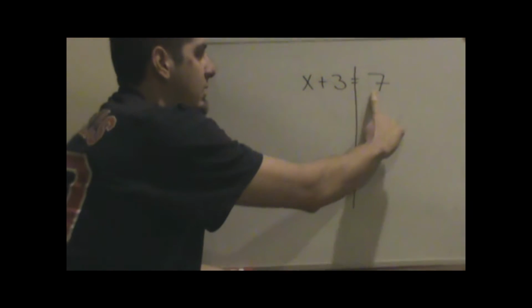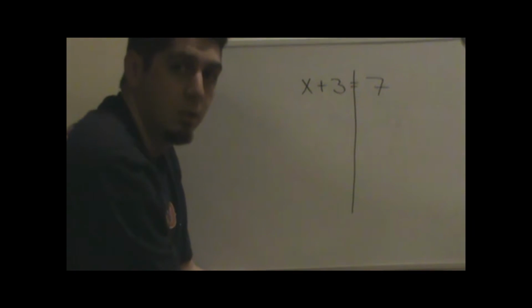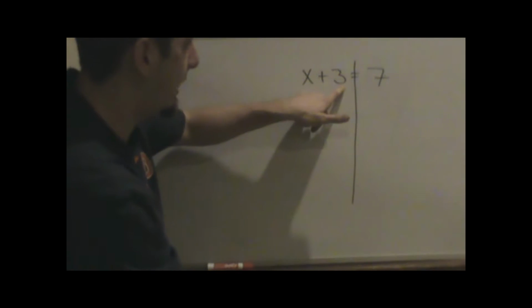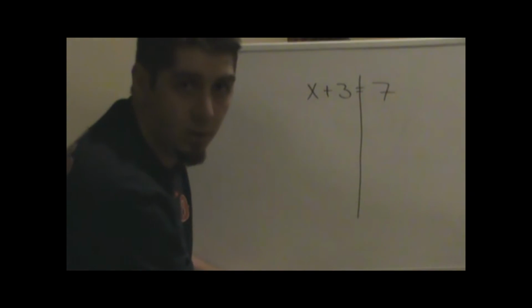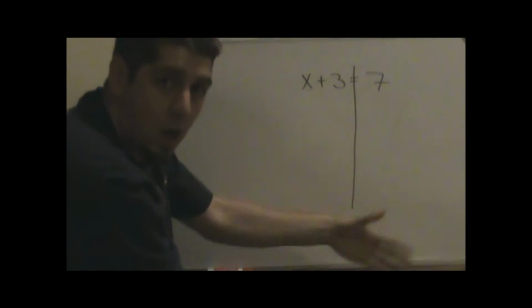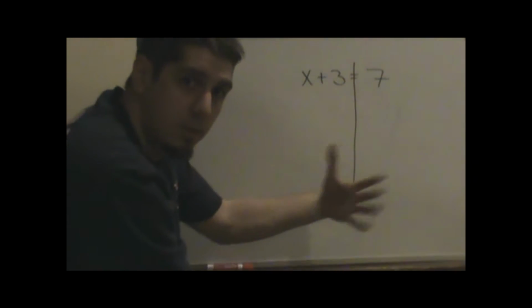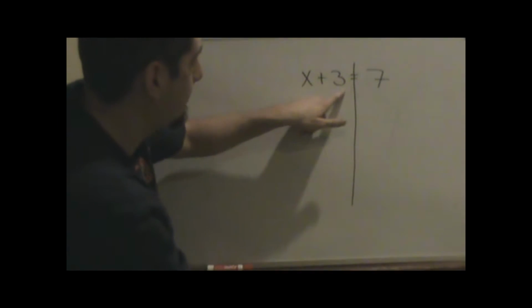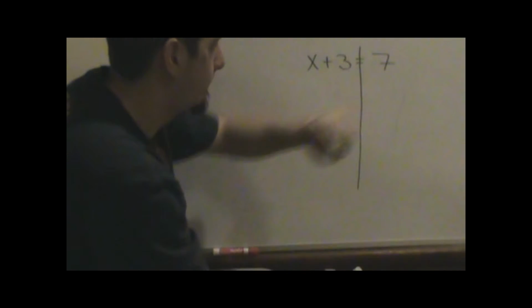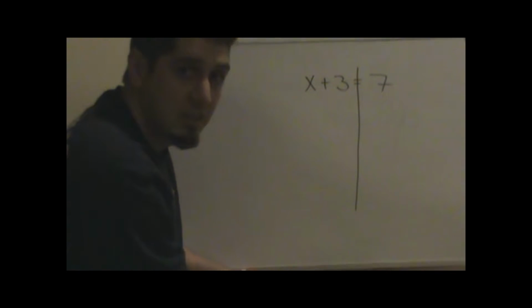Here's Mr. Kangas, here's Justin Kangas. What you do to Mr. Kangas also happens to Justin Kangas because they are the same person. They are the same thing. What you do to x plus 3 also happens to 7 because they are the same.